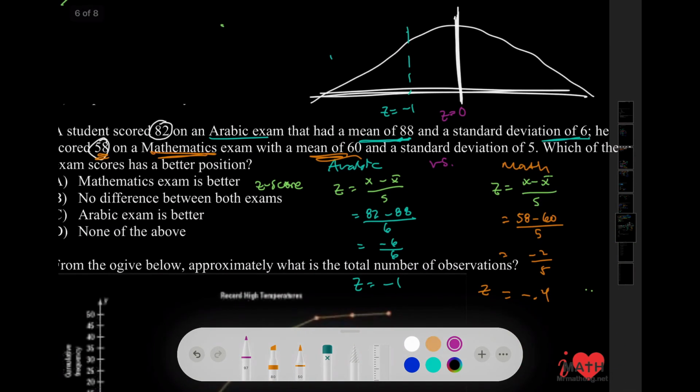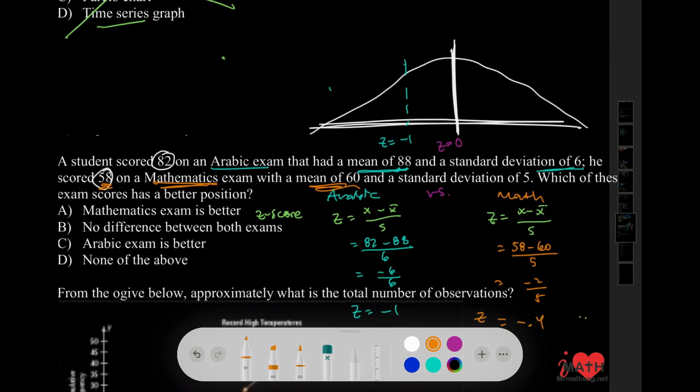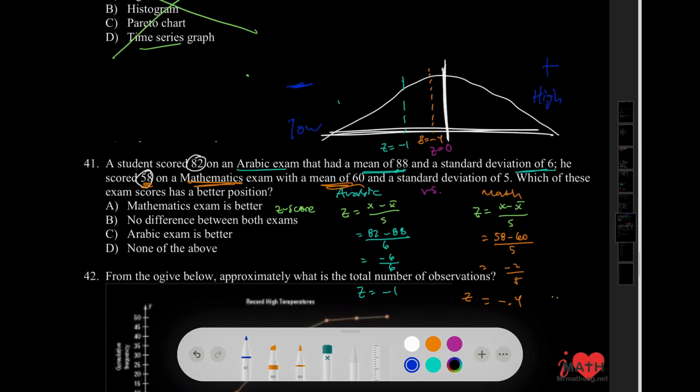Now the math test, he only scored a negative 0.4. So this is negative 0.4. So this is the lowest. Low score, this would be a high score, right? Positive and negative z-scores. So which of these exams has a better position? Math was higher, yes.